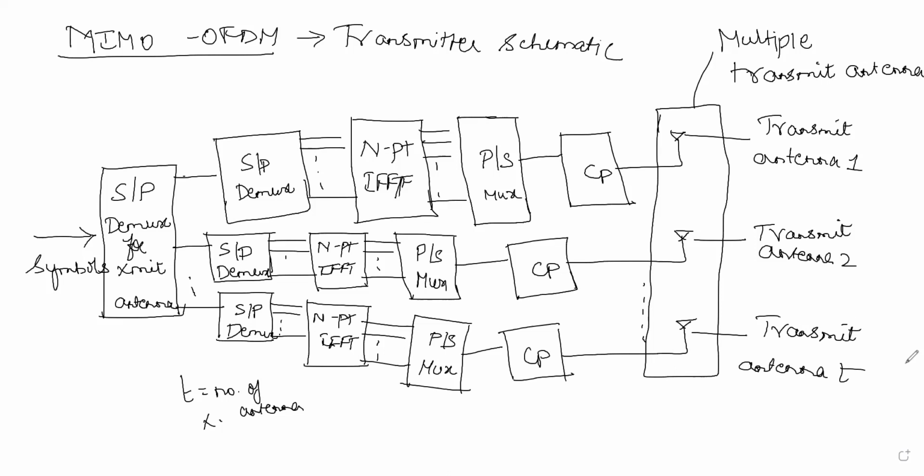With this block diagram, we will take an example. Suppose we have N equal to 256 subcarriers and T equal to 4 transmit antennas.